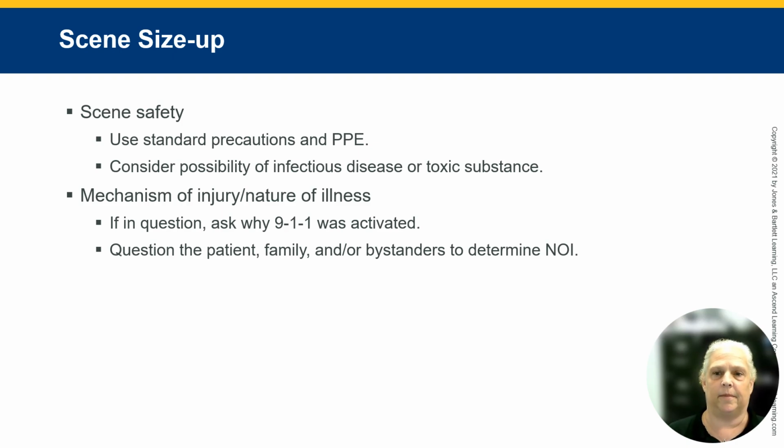Consider calling them in. If the nature of illness or mechanism of injury is in question, ask why 911 was called. You want to ask the patient or their family or bystanders questions. You should then be able to determine what is going on.